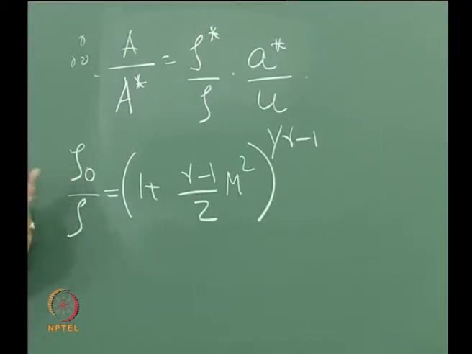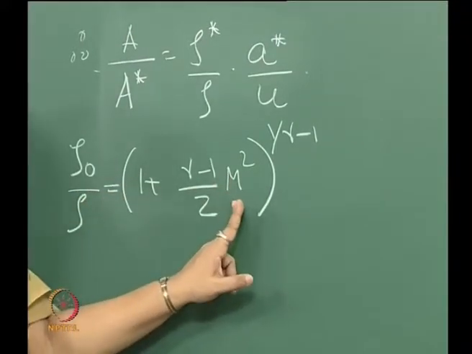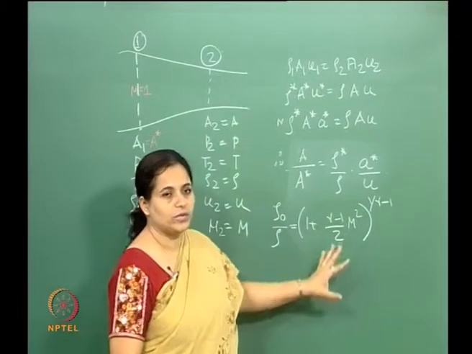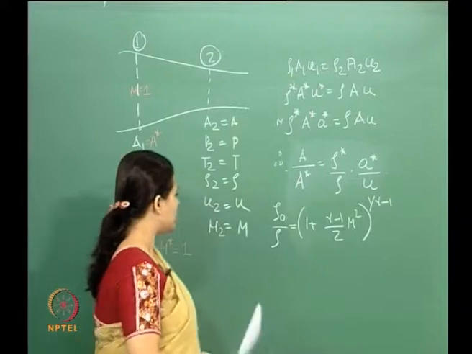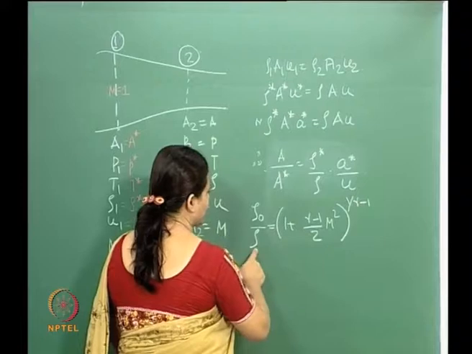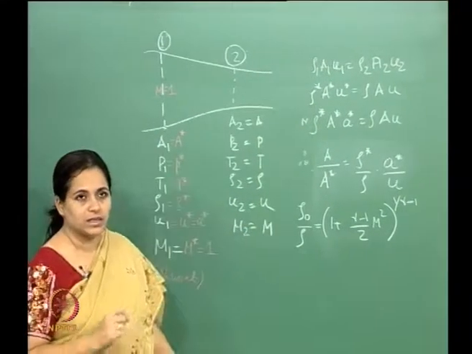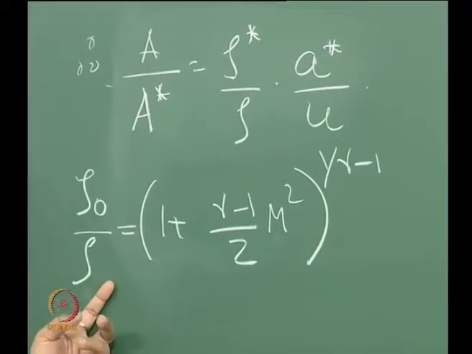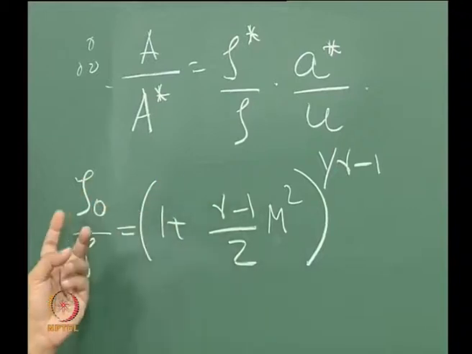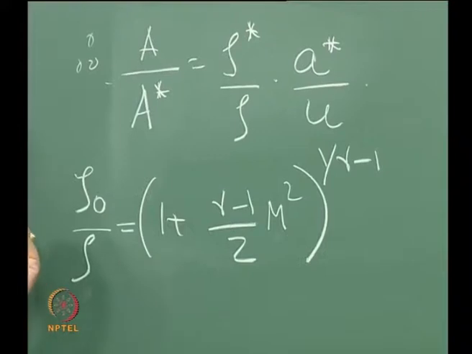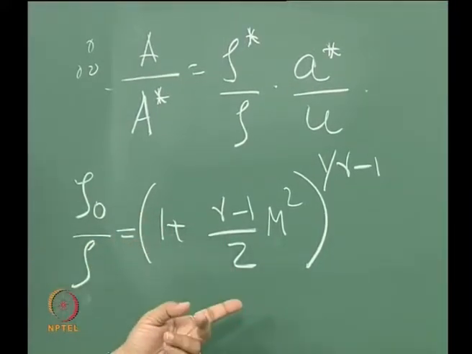The ratio of stagnation density and density at any location is a function of the Mach number, for a given gamma. This is something that we have developed before. This Mach number corresponds to this density, in the sense that at a particular location the local density is rho and the local Mach number is M. So the relationship of that local density and Mach number with the corresponding stagnation density is this.